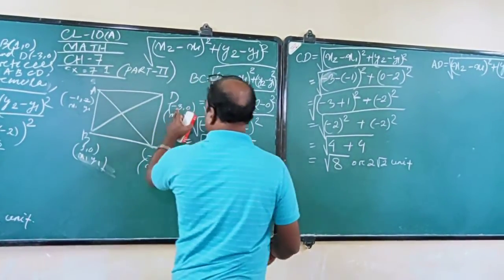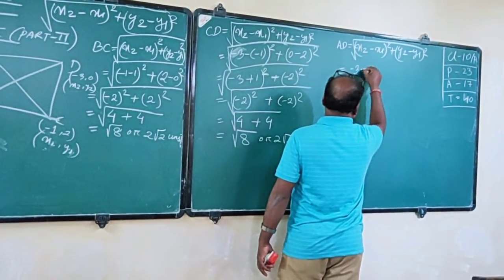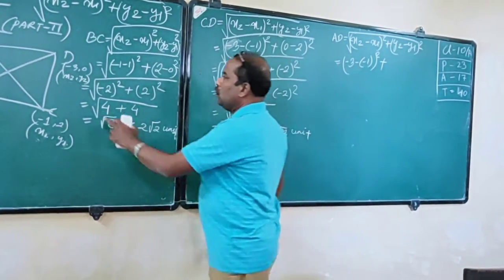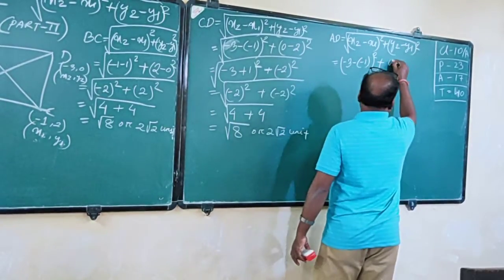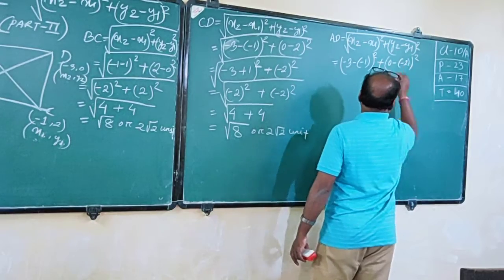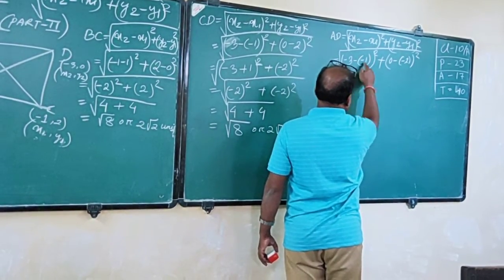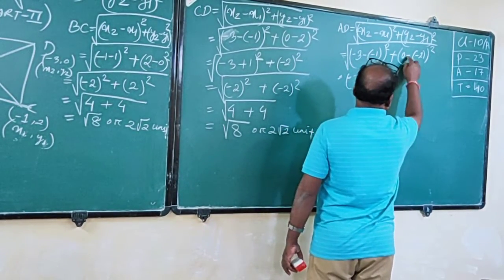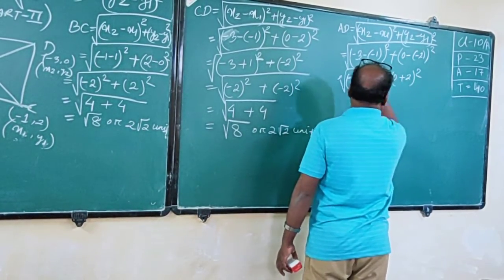So x2 means minus 3 minus of minus 1, equal to minus 3 minus of minus 1 whole square plus y2 is 0, 0 minus of minus 2 whole square, under root, equal to minus 3 minus of minus 1 equal to plus 1 whole square plus 0 minus of minus 2 equal to plus 2 whole square, under root.